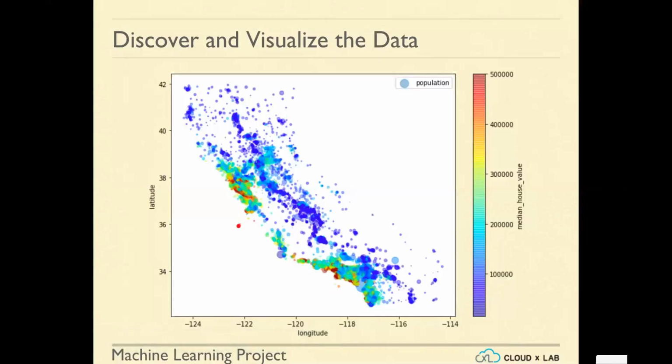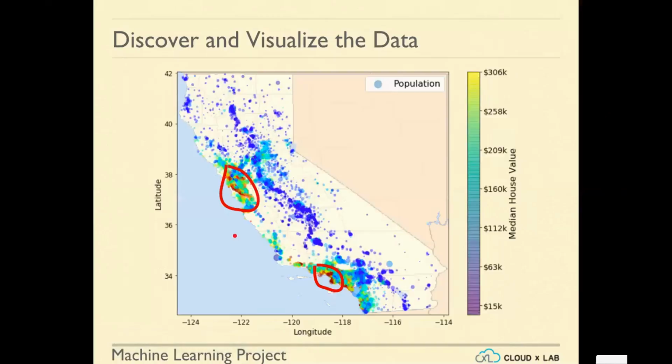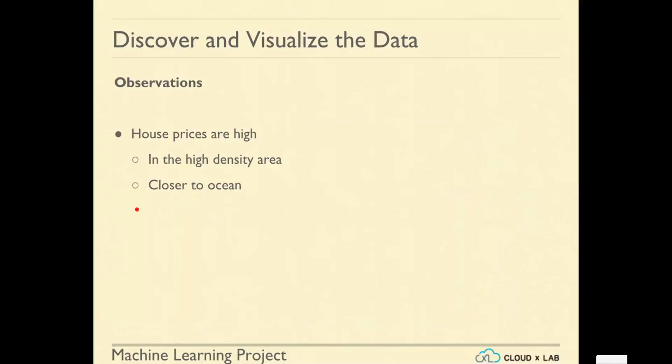All right, so let's take a look. First observation is yes, that these two locations which look really red, the cost is higher there. So the observation is that house prices are high in the high density areas and those are closer to the ocean.